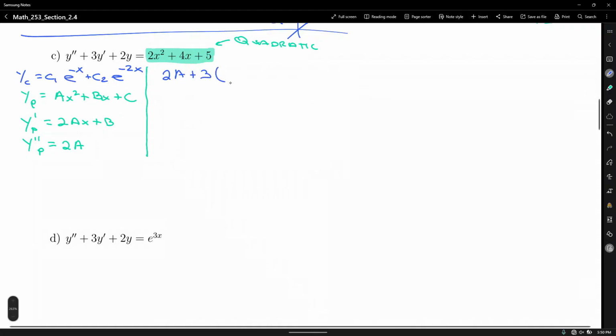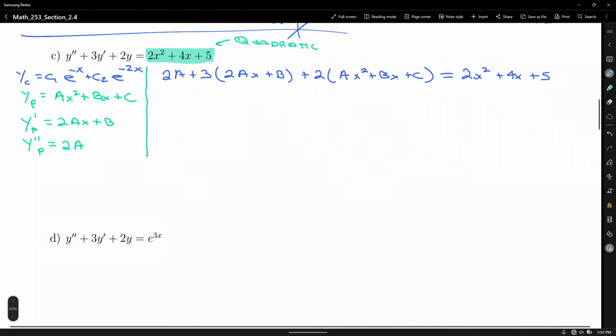What do we have for the first derivative? 2ax plus b, plus 2 times y, the generic polynomial without being differentiated, ax squared plus bx plus c. And let that be equal to, in this case, the forcing function, 2x squared plus 4x plus 5.